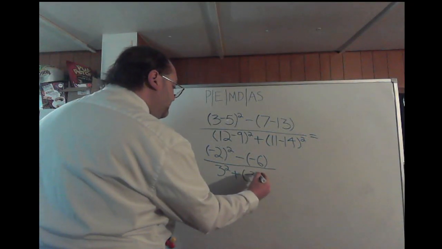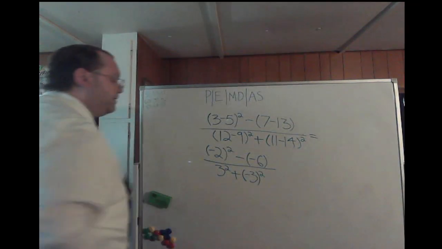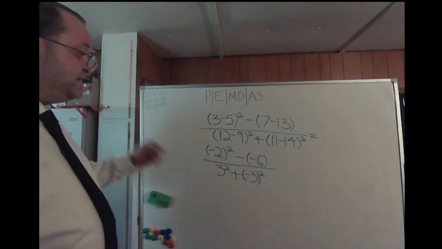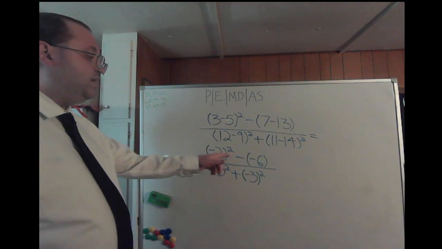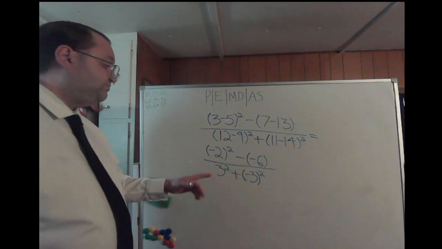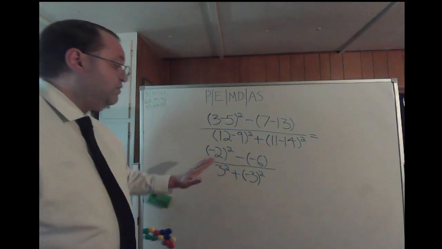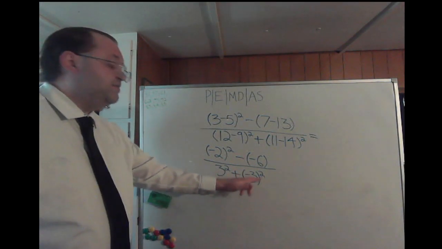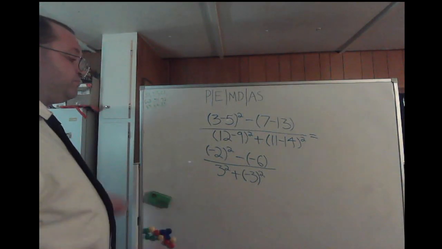You'd have negative 3 to the second power. So now we have it reduced down to negative 2, that quantity to the second power, minus 6. That's all your numerator, over for your denominator, 3 to the second power plus negative 3 to the second power.